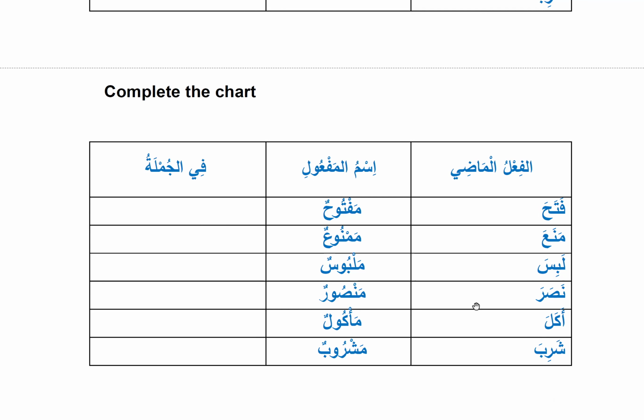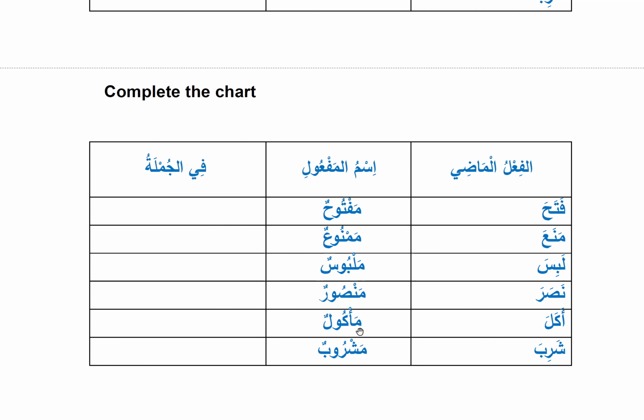Nasara means he helped. Mansur means the person who is helped. So for example, we can say هذا الطالب منصور, this student is helped by someone. Akala means he ate, and ma'kul means something that is eaten.